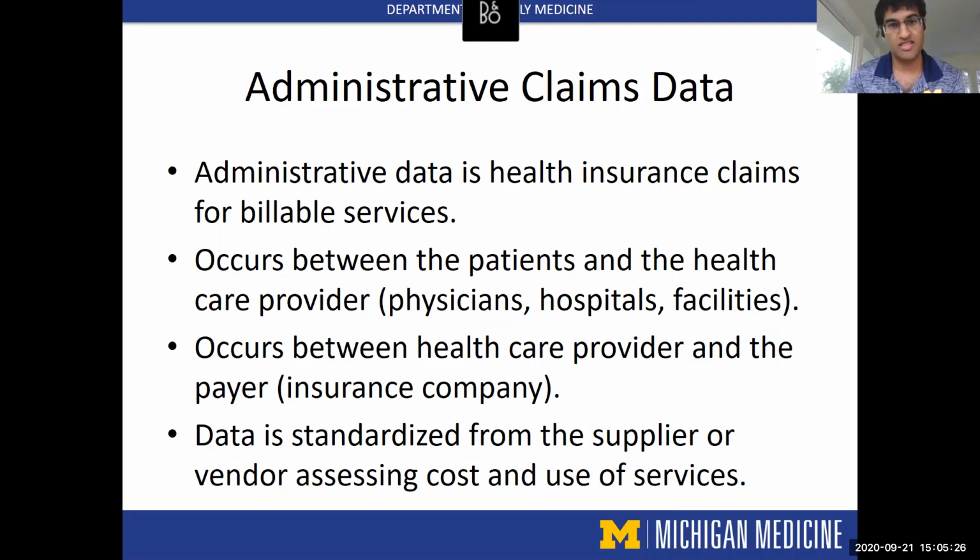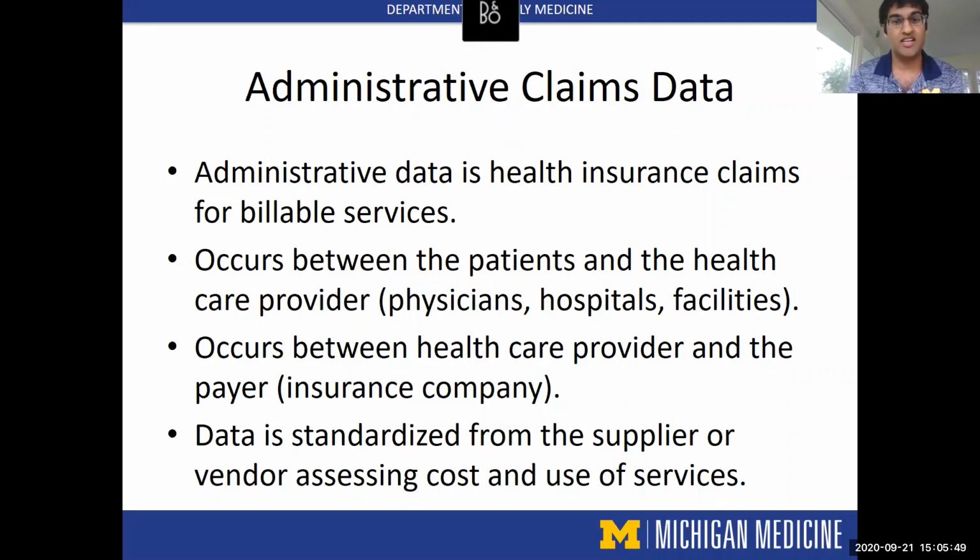These are billable services. So this is anything that occurs between patients and the healthcare provider. So providers would include physicians, hospitals, including their brick and mortar facilities, and also anything that occurs between healthcare providers and the payer. So we use insurance and payers interchangeably as terms.